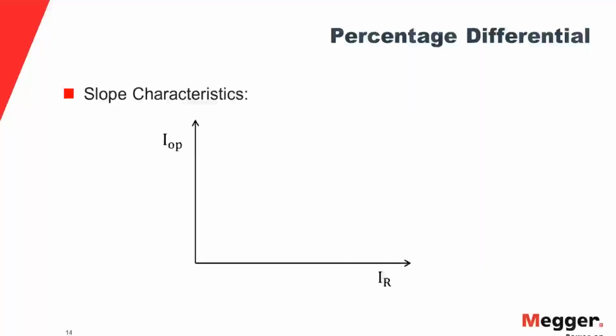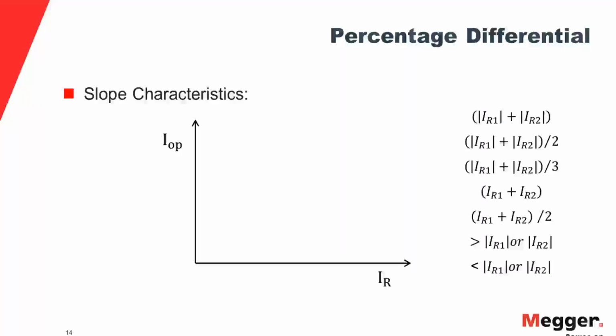And the directionality of I2 changes, which causes the current to flow through the restraint coil and then through the operating coil as well. So in this case, the current through the operating coil will be far greater than the current through the restraint coil. So the relay will operate for that.